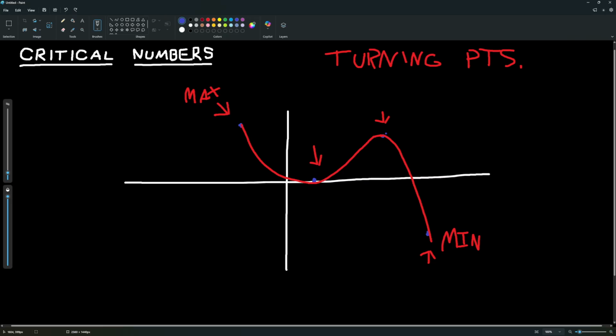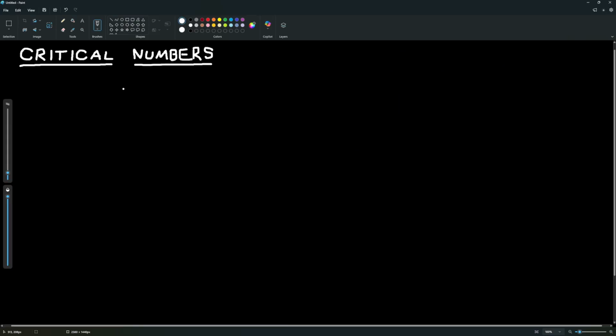And now, right here would be the same deal, except it's just the reverse. It increases, and then it starts to decrease. So you would call this a maximum. So relative minimum and relative maximum. Bearing all that in mind, there is an important note to be made here.